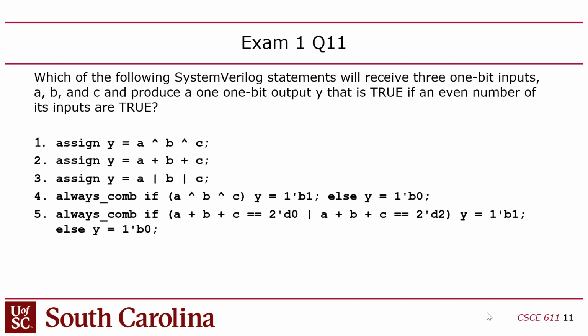Hey, which of the following SystemVerilog statements will receive 3 1-bit inputs, A, B, and C, and produce a 1-bit output Y that is true if an even number of its inputs are true? This one actually will work for an odd number because they're XORs, right?